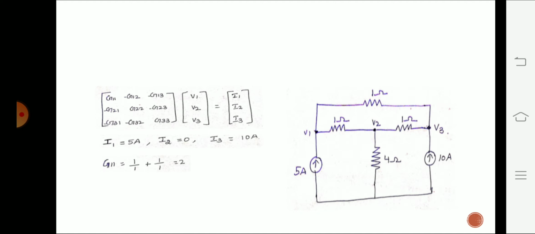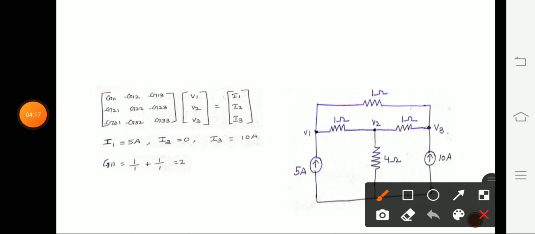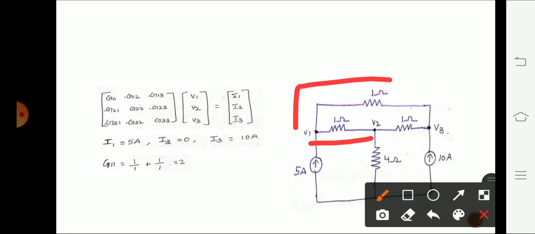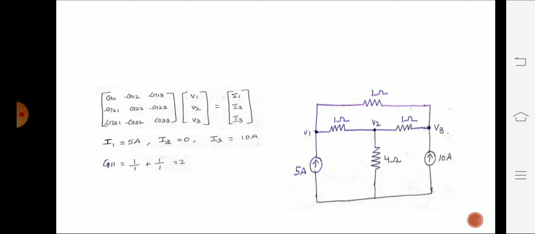First we find G11. G is nothing but the reciprocal of the resistance, as I already told. So G11 is determined from the resistances connected to point 1, which are 1 ohm and 1 ohm.